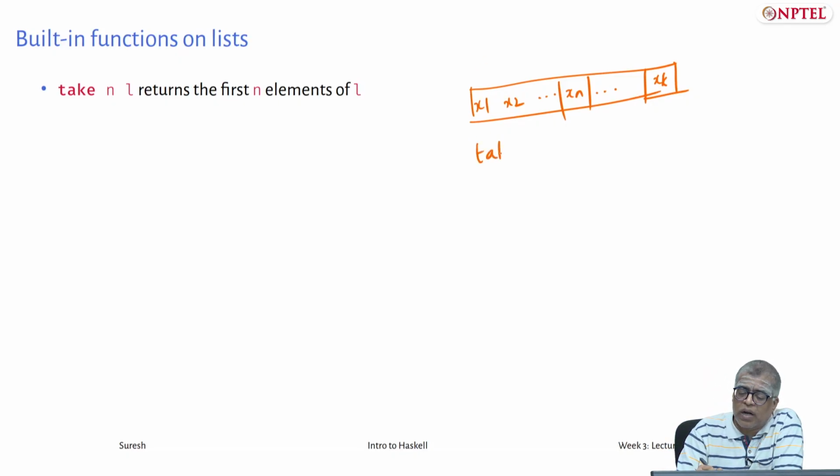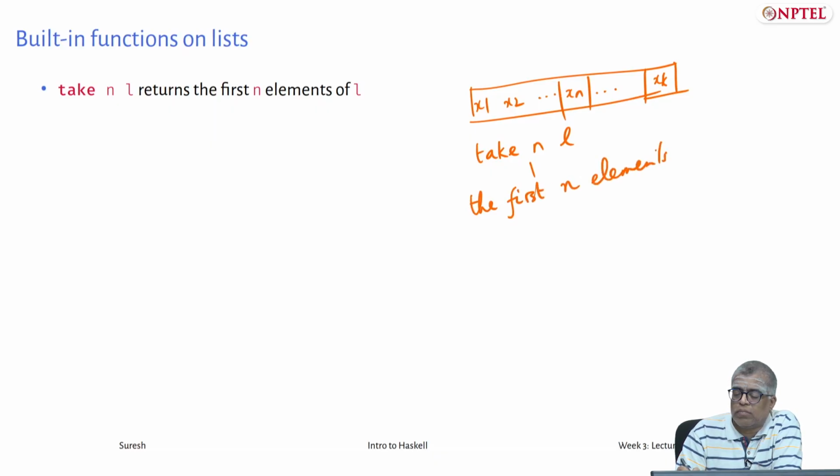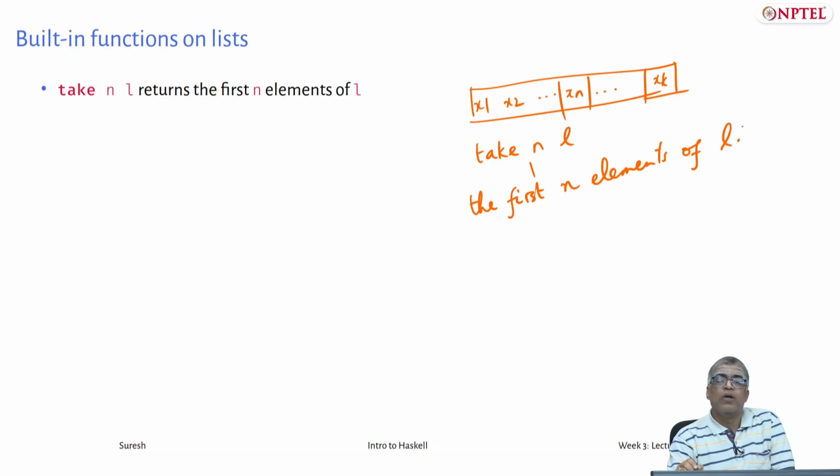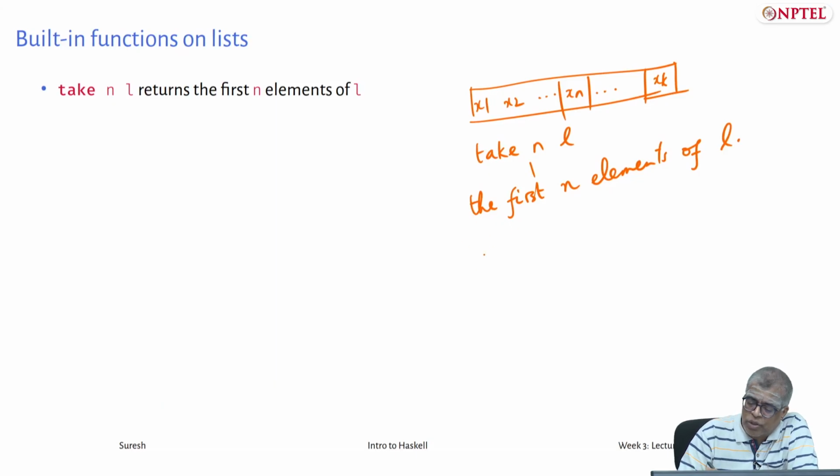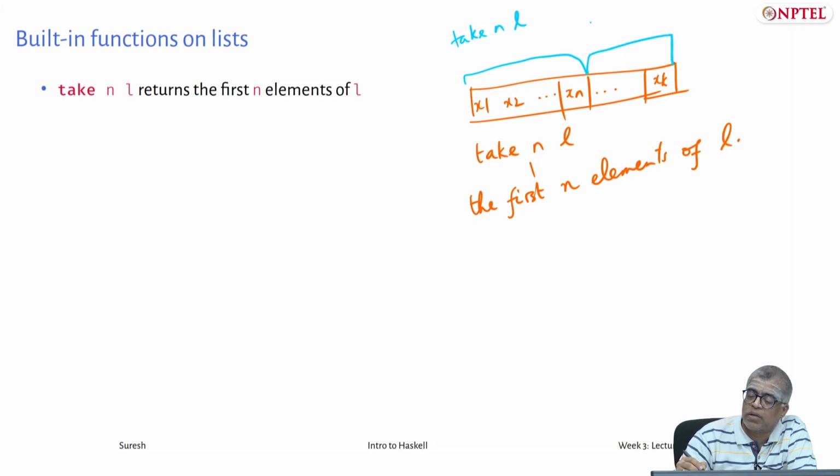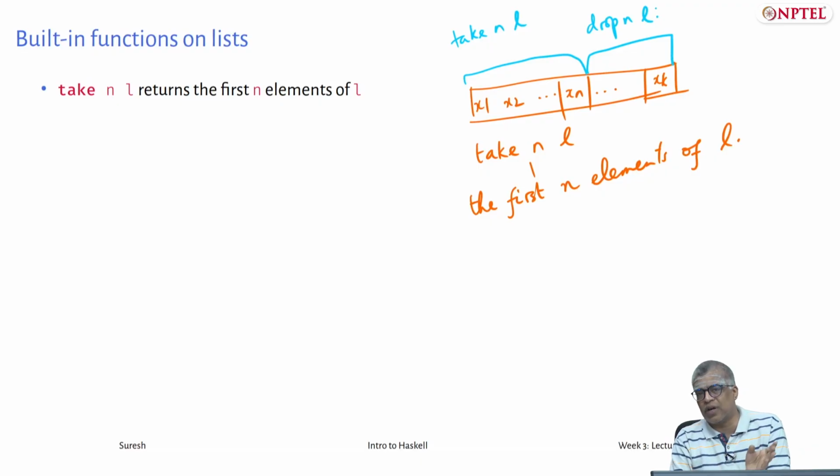So I will say take n L. Corresponding to take, there is another function called drop, which will drop n L. So take n L will give me this list. Drop n L will give me the remaining elements. Drop n means drop the first n elements and return the remainder of the list.